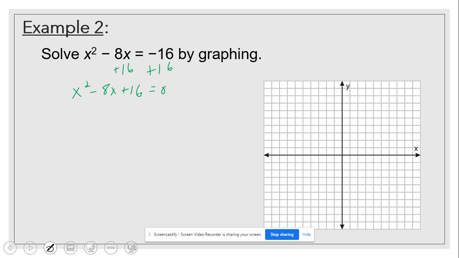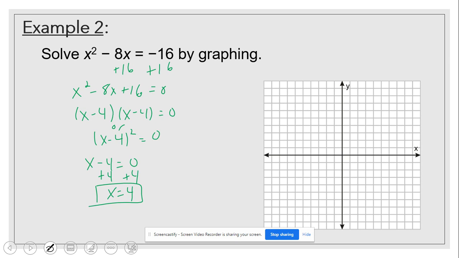This is actually a perfect square trinomial, and this is going to factor to x minus 4 times x minus 4 equals 0, or x minus 4 squared. So there's actually only one solution here. If I set x minus 4 equal to 0 and add the 4 to both sides, x is equal to 4 is my only solution, which means that your vertex is actually going to be your x-intercept here.